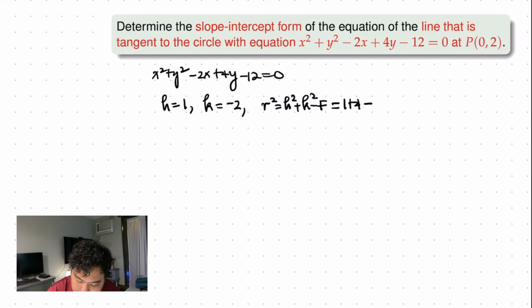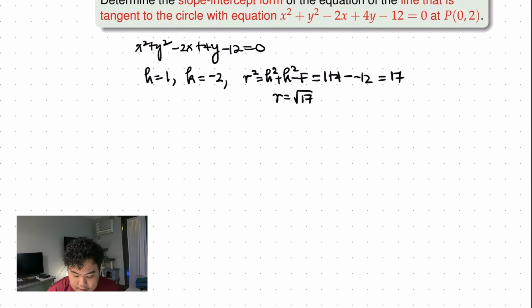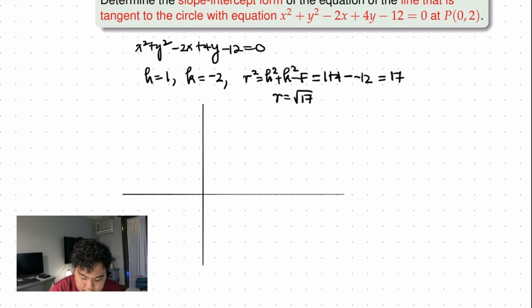Ang f natin is negative 12. Kinocompute ko lang ito para lang magkaroon tayo ng idea ano yung itsura lang ha. Although you don't have to draw naman. So, square root of 17. Yun yung radius. So, ang center is 1, negative 2. Gano'n ba kalaki yung square root of 17? 4 point something.